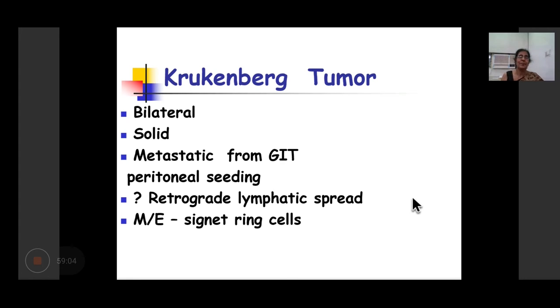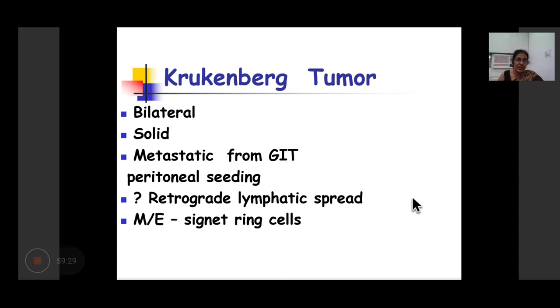Krukenberg tumor you have already read, you are already done with, so I kept it in the end. So it is a bilateral metastatic tumor, presenting as solid bilateral ovarian masses.